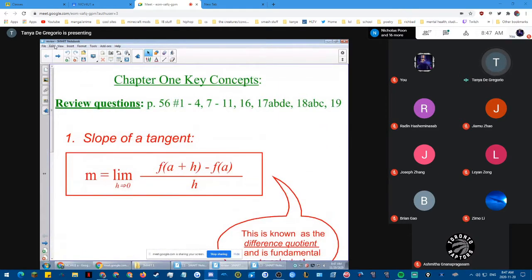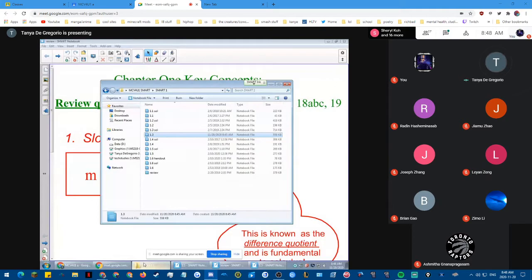Are there any questions from the review? Or from the homework? Could be from the homework as well. Any questions from the review or from the homework? So that's 1.5. That's the review.